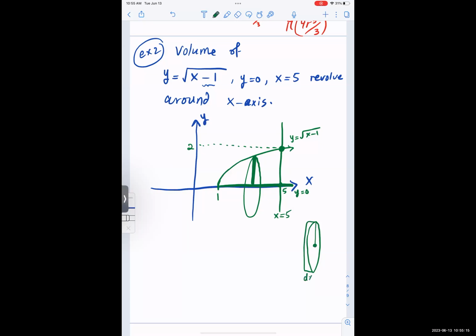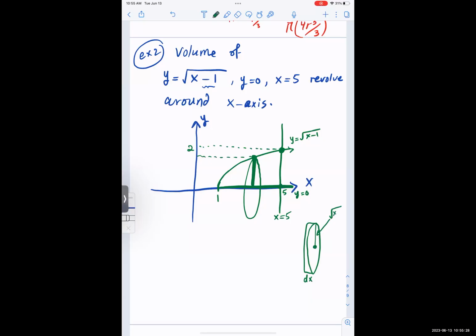The cut is dx. Radius is corresponding to the y. The y is radical x minus 1. Or you could just write y equal to radical x minus 1. But you know that since it's dx, your integral needs to be in terms of x. If that makes sense.